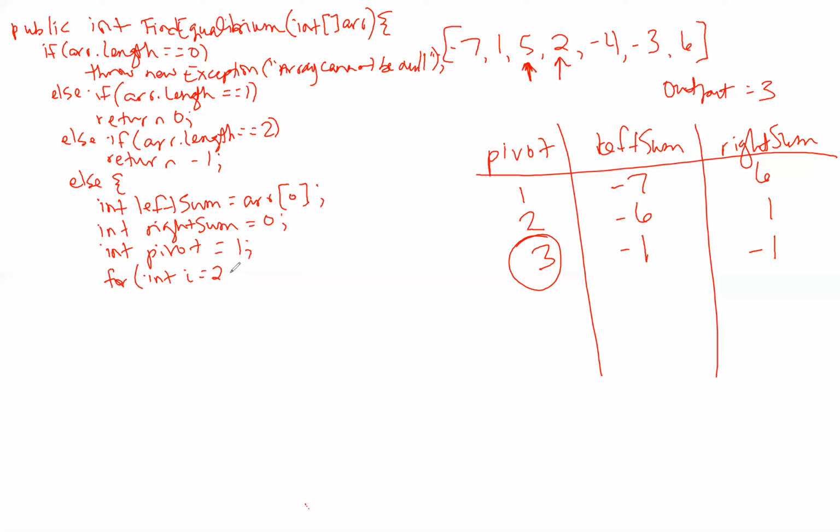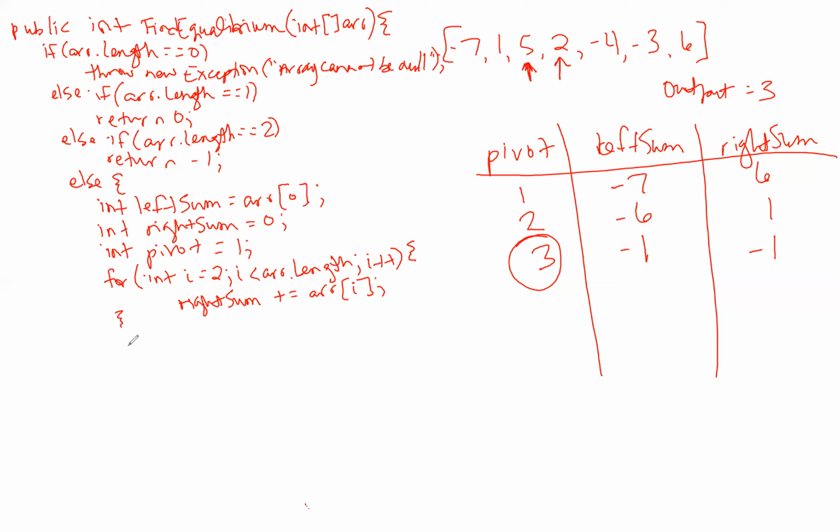So i equals 2, i is less than array.length, i plus plus, and we're just going to go in and say right sum plus equals array at i. Okay, and that will get the right sum all totaled up.